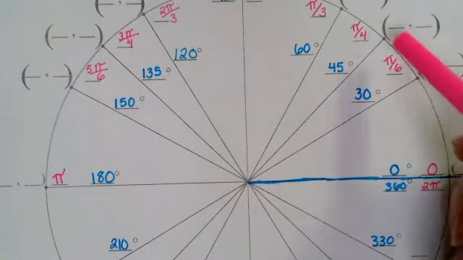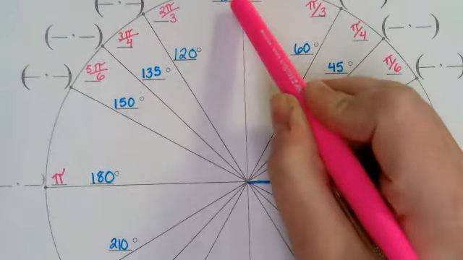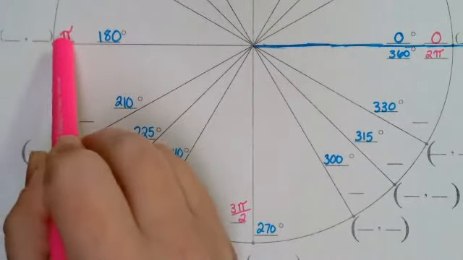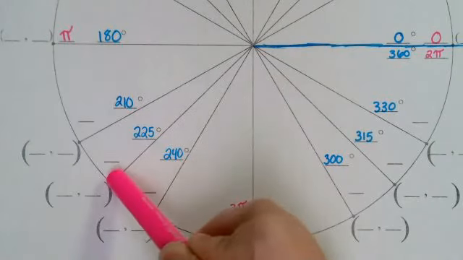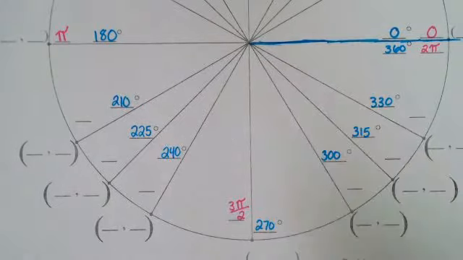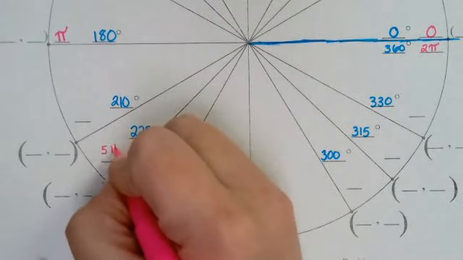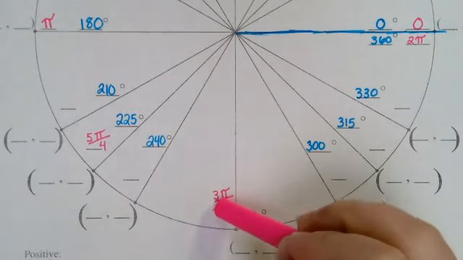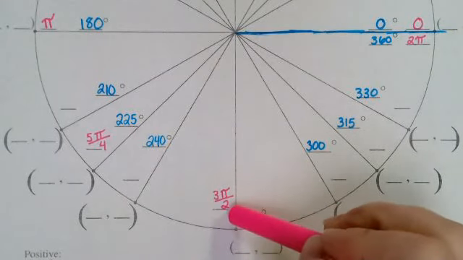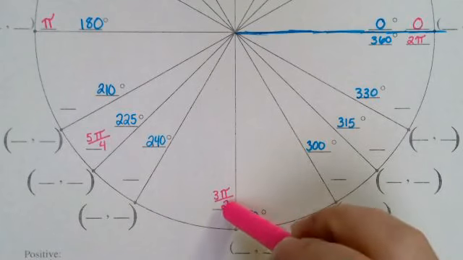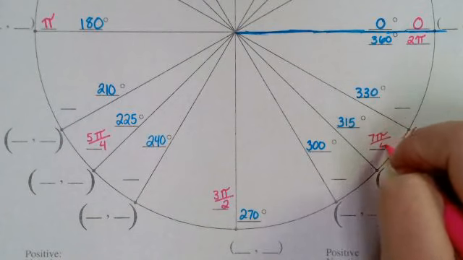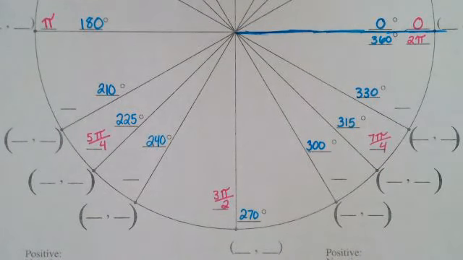Okay, so remember this was 1/4, 2/4, 3/4, 4/4, and it gets you to a full pi. But then the next one, if that was 4/4, this one here is 5/4. So 5 pi over 4. This one would be 6/4, but it reduces to 3 halves. Okay, 6/4, 7/4. So 7 pi over 4.